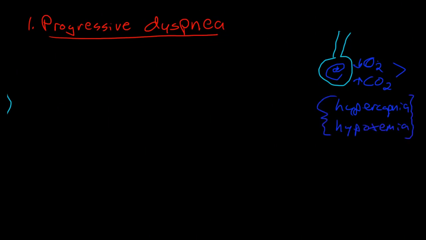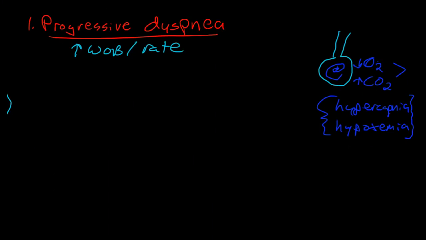The hypercapnia and hypoxemia are detected by the chemoreceptors, both in our brainstem and our peripheral chemoreceptors in the carotid and aortic bodies, and these send messages up to the respiratory center in our brain to breathe faster and deeper. So we have a sensation of increased work of breathing and rate, and that's part of dyspnea.